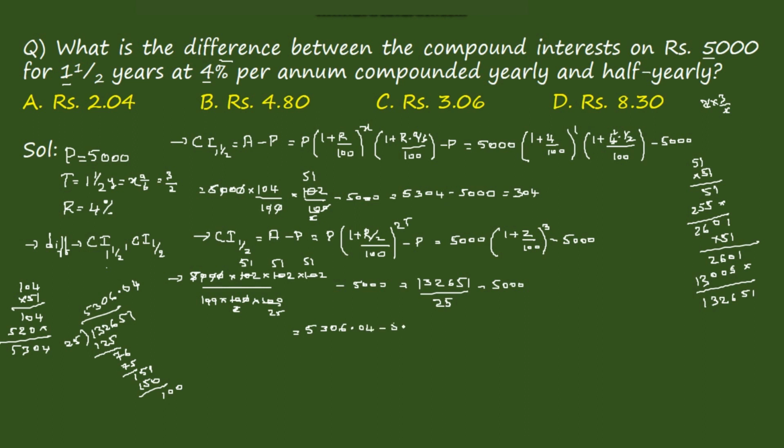Minus 5000, which is equal to nothing but 306.04.